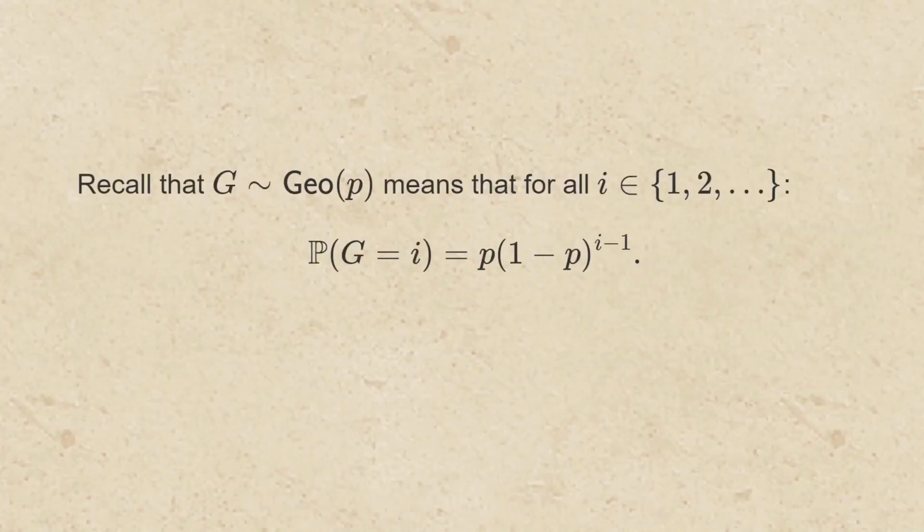To understand what this continuous analog is all about, recall that G is geometric with parameter P means that for all I positive integers, the probability that G equals I is P times 1 minus P raised to the I minus 1 power.